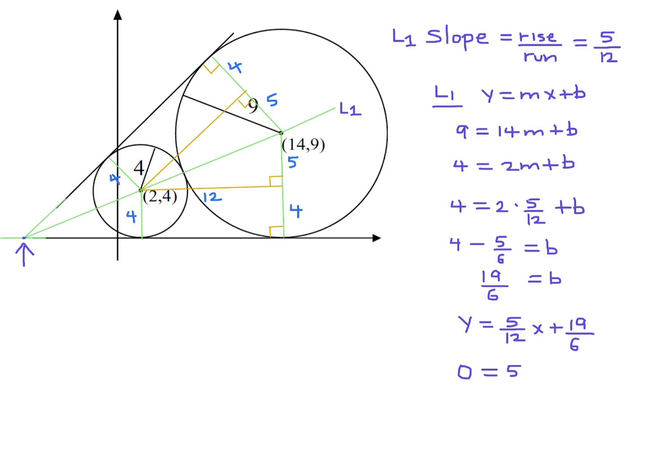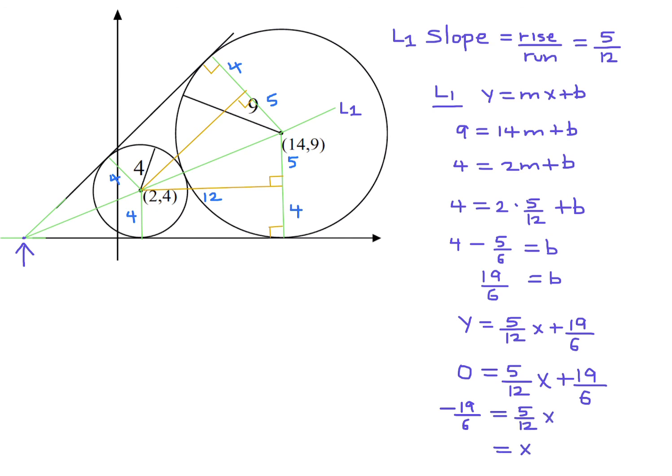So when y is equal to 0, we set that in this equation, and this will allow us to get the x value. So if we do the math here, we get minus 19 over 6 is equal to 5 over 12 x.